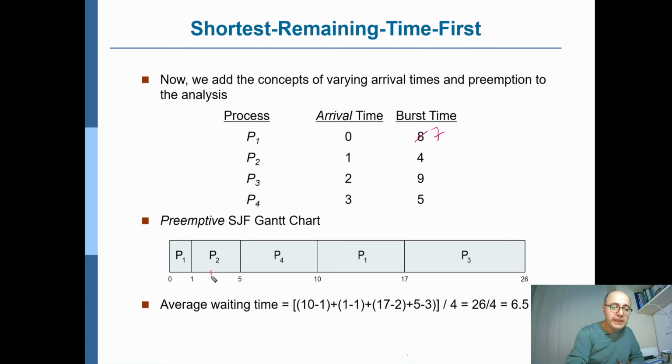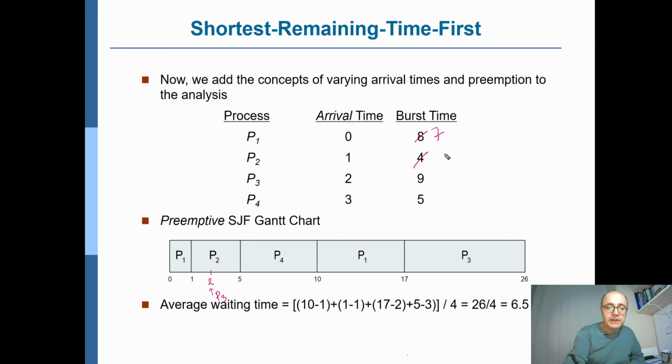When we come to time unit 2, P3 arrives here. When P3 arrives at time equals 2, its burst time is 9, and its remaining burst time is 9 because it hasn't started executing at all.